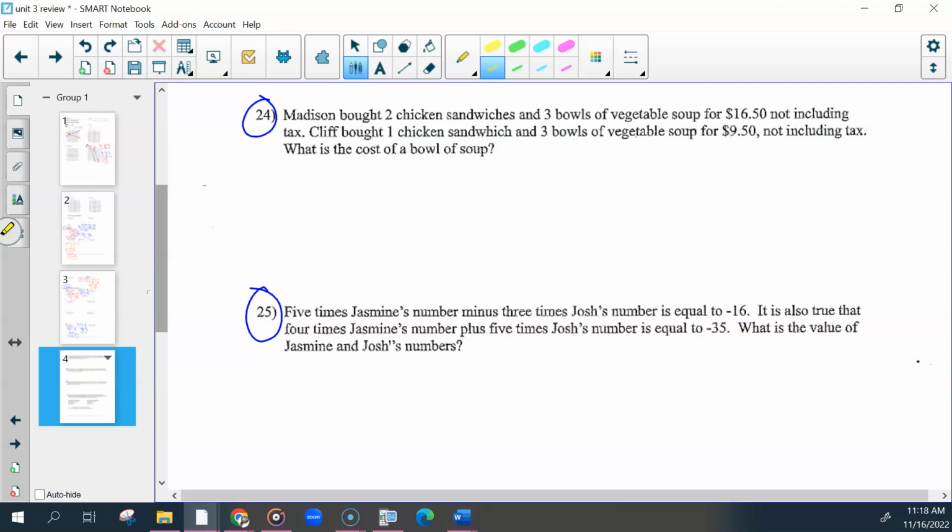So for this one, 2 chicken sandwiches, 3 bowls of vegetable soup, $16.50, all of those things are important. 1 chicken sandwich, 3 bowls of vegetable soup, and $9.50. Those are all important. And then it's asking, what is the cost of a bowl of soup? That tells us what we don't know. So look at the question because that'll help you define your variables. Those two things go hand in hand.